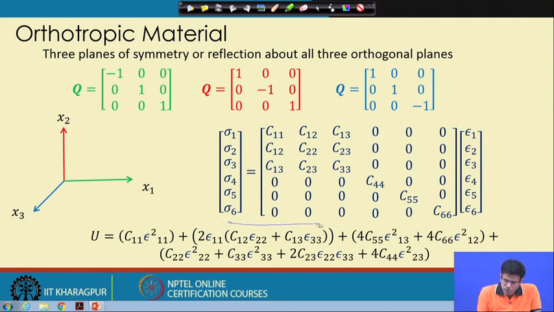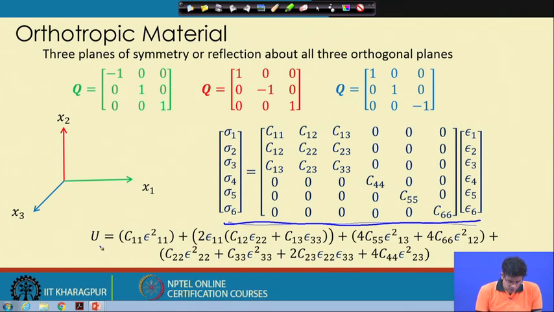The basic purpose of giving this slide is that we will use this constitutive matrix in the subsequent development.